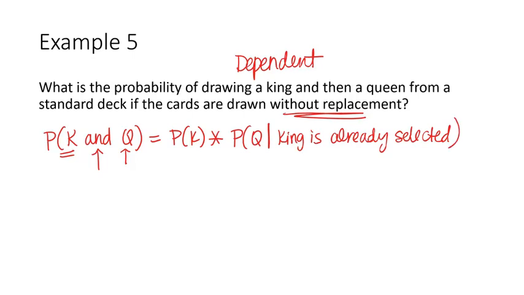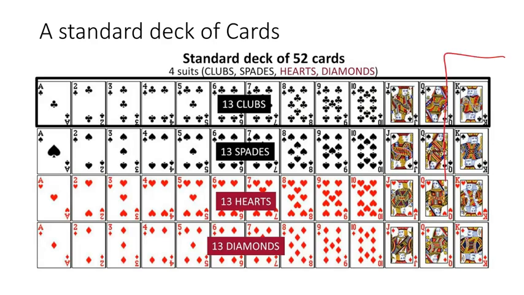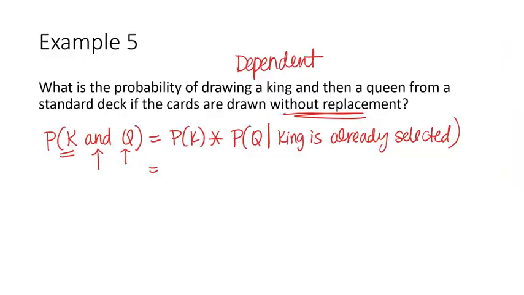Because I didn't replace it, when I go to determine that second probability, I have to take into consideration that that king is already gone. So if I'm looking at the probability of the king, there are 4 of those out of my total. The first one's just normal. 4 kings out of 52 total. That tells me then, and tells me to multiply by.